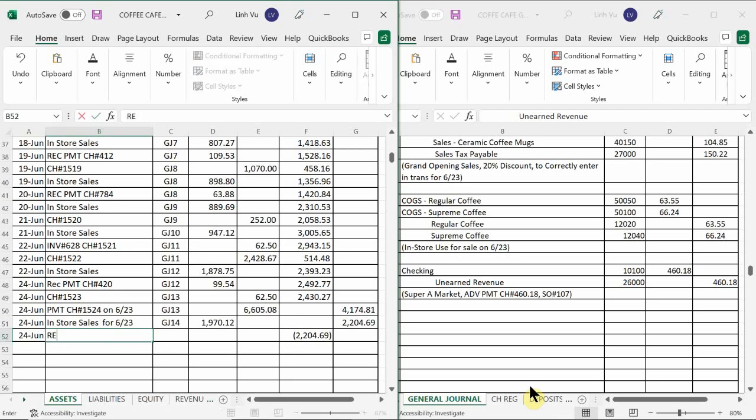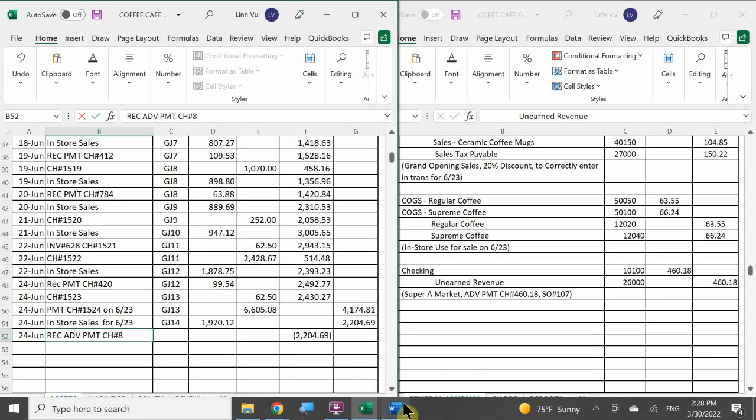So we received payment, received advance payment, check number. Oh, did I even write the check number? It was 884.